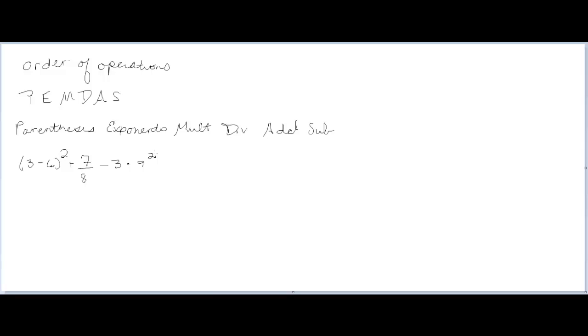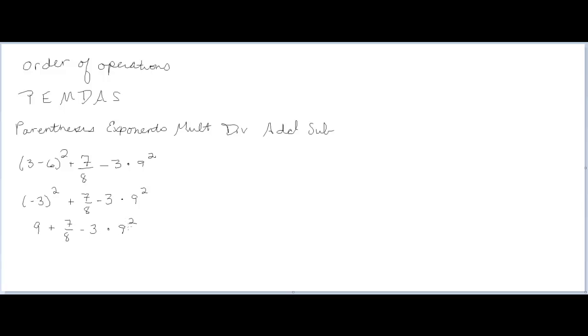I start with parentheses. 3 minus 6 is negative 3 squared plus 7/8 minus 3 times 9 squared. Exponents. Negative 3 squared is positive 9 plus 7/8 minus 3 times 9 squared.